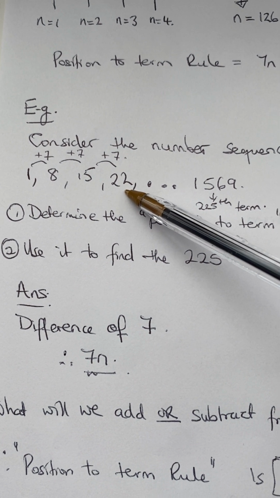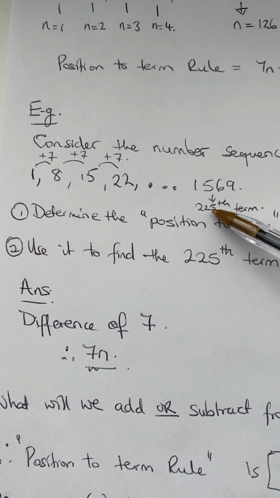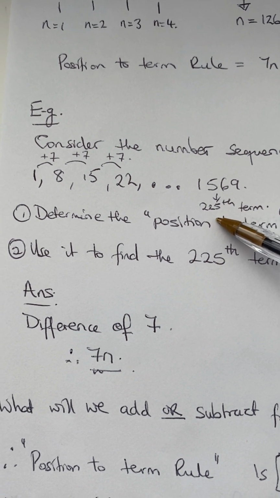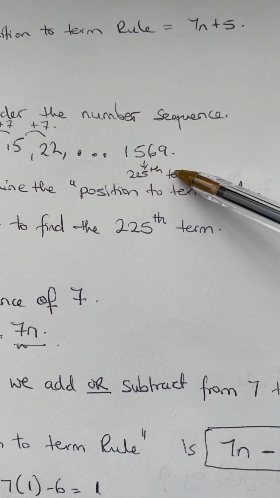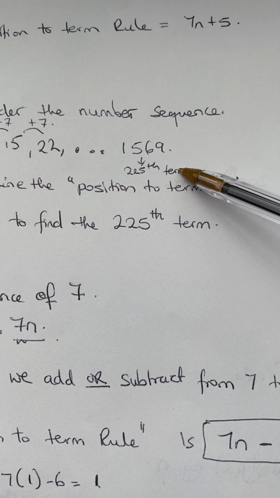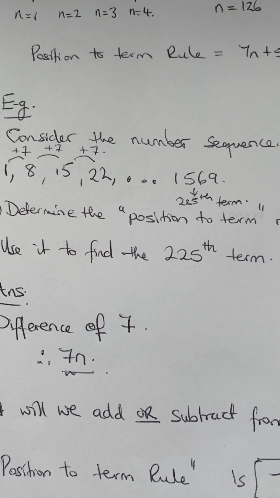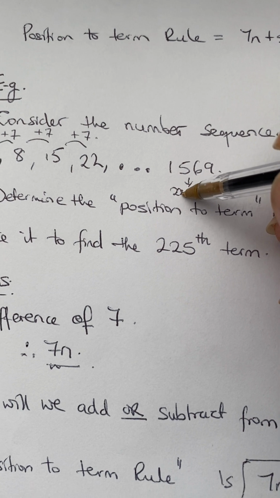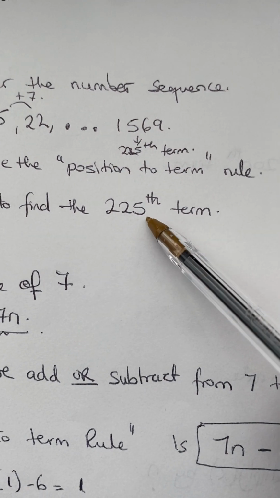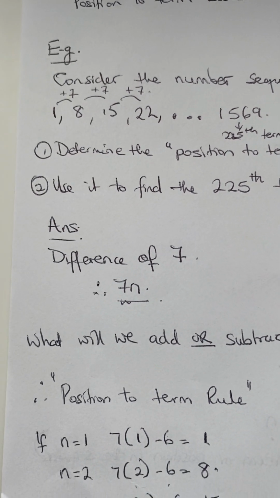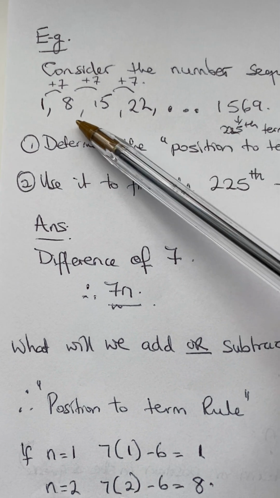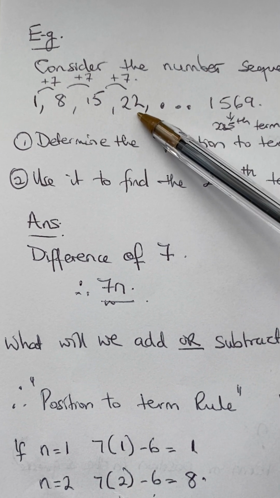Now I'm supposed to find the 225th term. It looks very small, but it's 225. Straight away, the difference is 7.